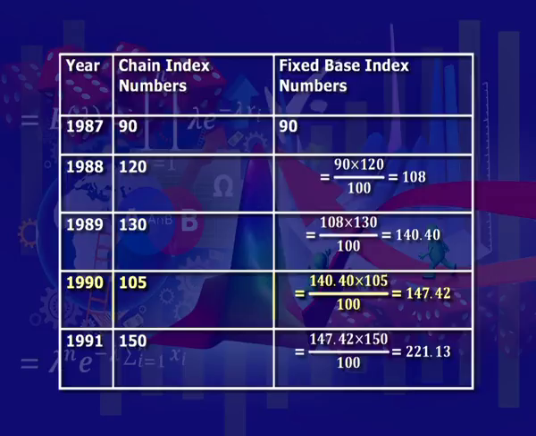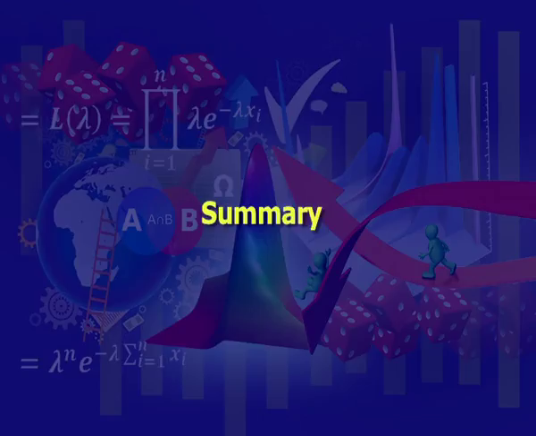So, we get 147.42, and for the last year, the fixed base index number is 147.42 multiplied by 150 divided by 100, which comes out 221.13.